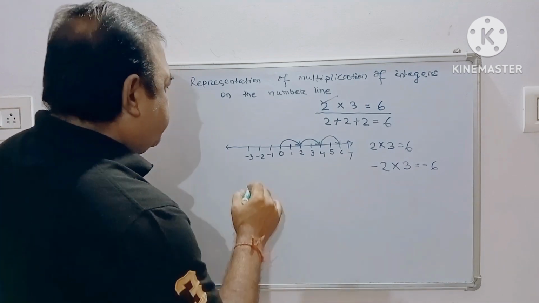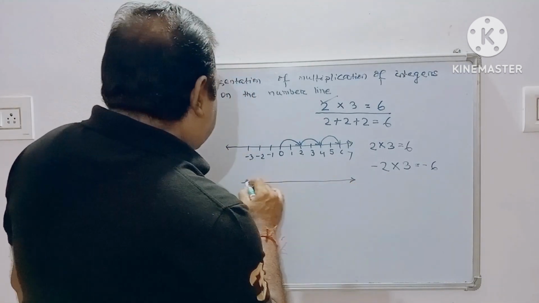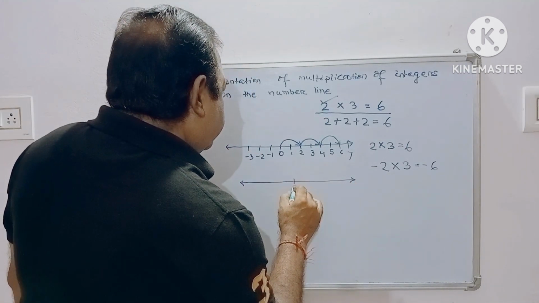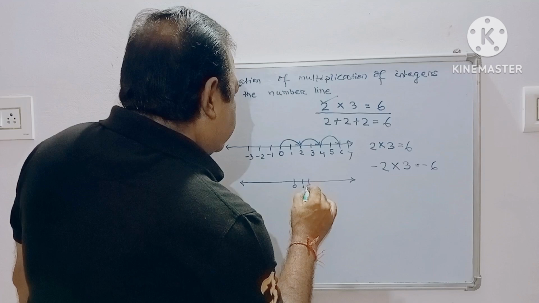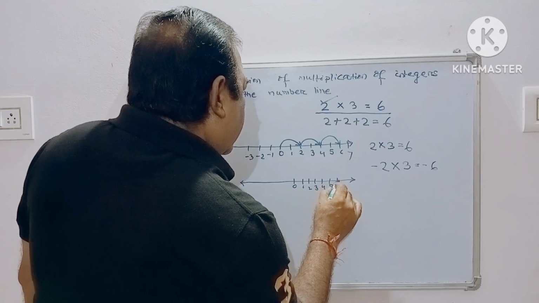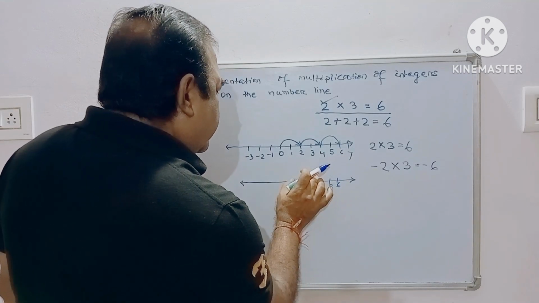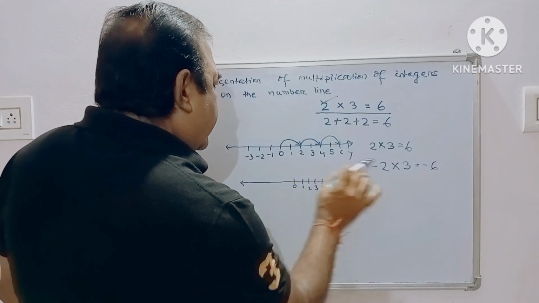Already I have told you that these are the unit distances, and each unit distance is of equal length.